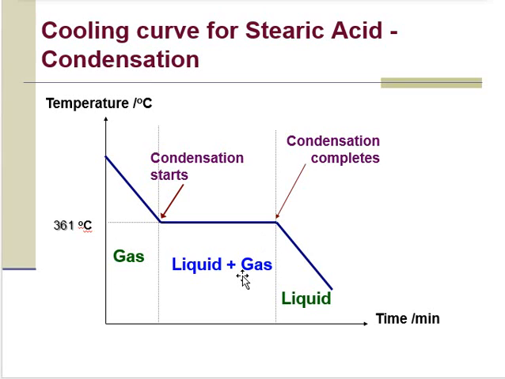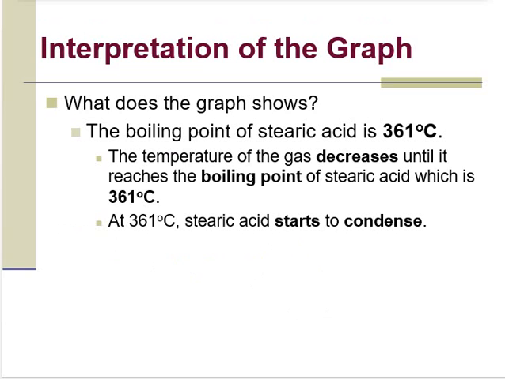So this is what I have if we take a look at the same experiment using your stearic acid, for condensation. I have the same exact curve, except that now, for part A, I have 361 degrees Celsius, which is also the same as the boiling point of your stearic acid.